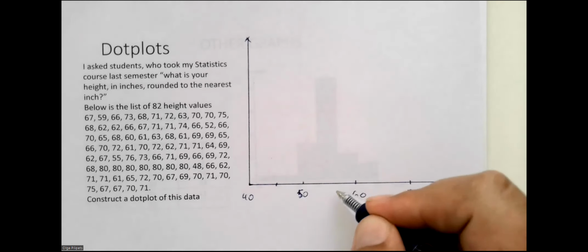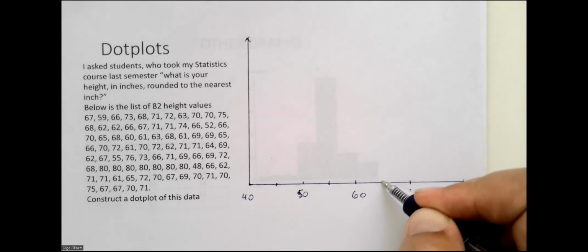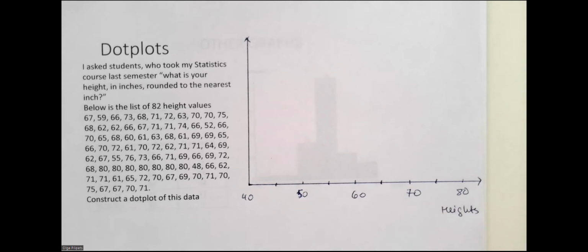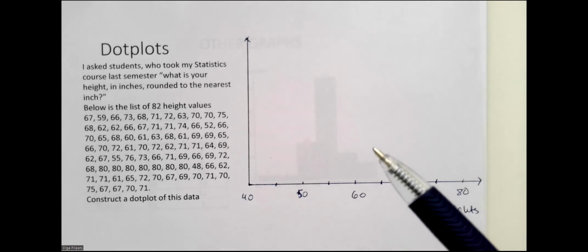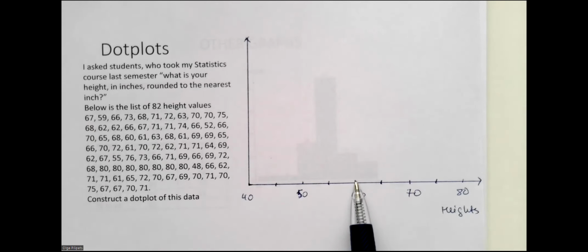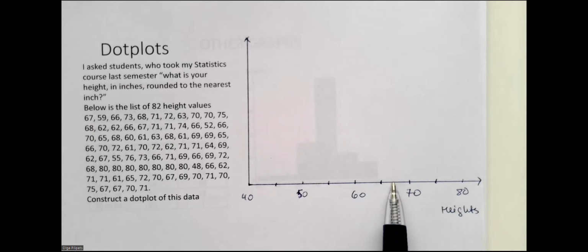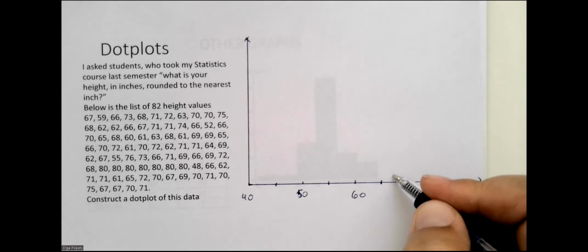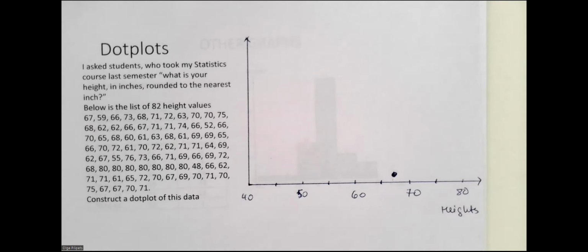I'm going to mark the fives just for convenience. The first value that I have is 67. So I have 60 here, this is 65, so 67 must be right here somewhere. I'm going to put my first dot there.